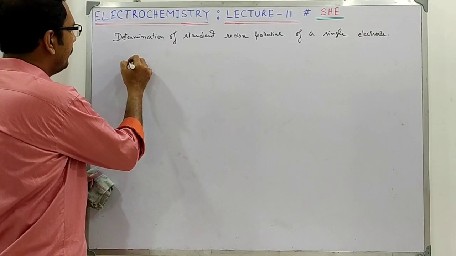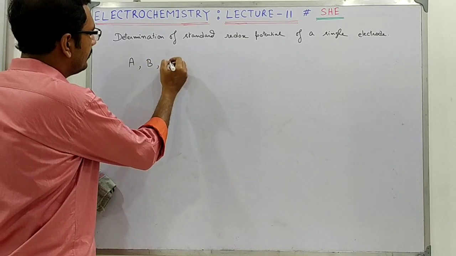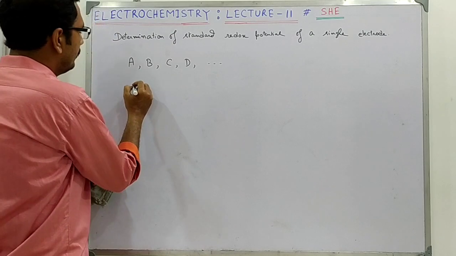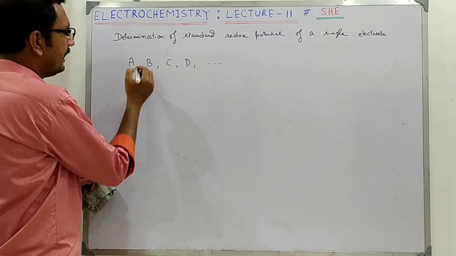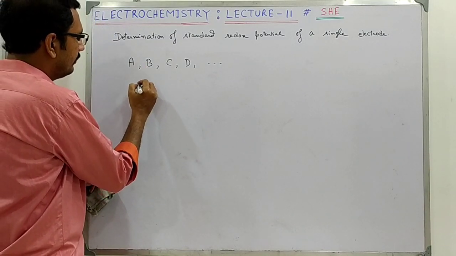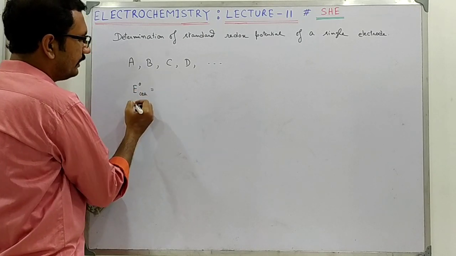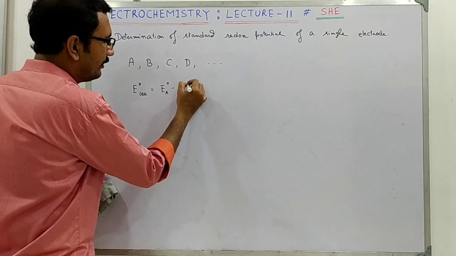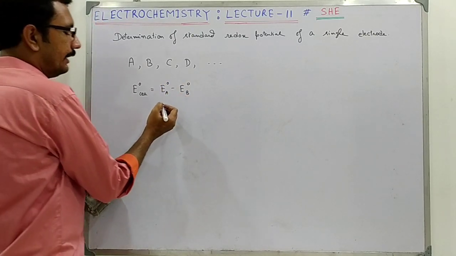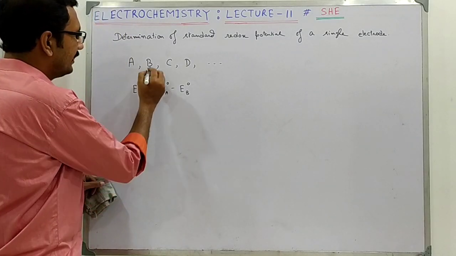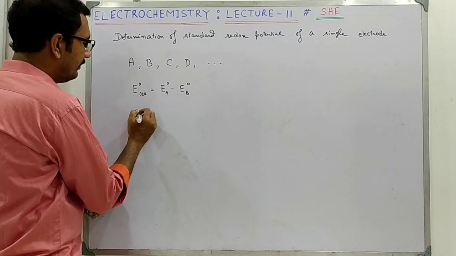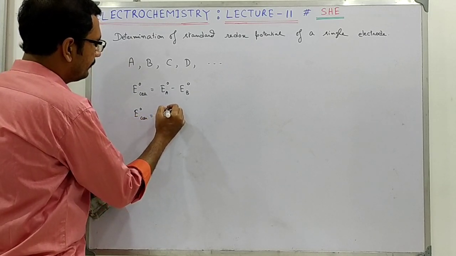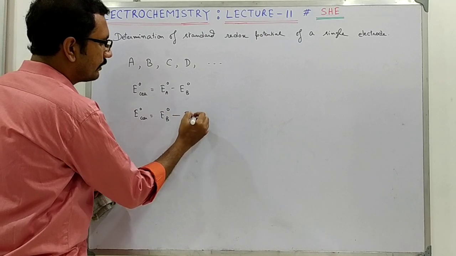So, let us take a number of half cells A, B, C, D and so on. If we connect these two cells A and B, we will get this value from the potentiometer, and it will be EA naught minus EB naught. So, it will be in the difference form, and if we connect B and C, we will get E naught cell equals EB naught minus EC naught.